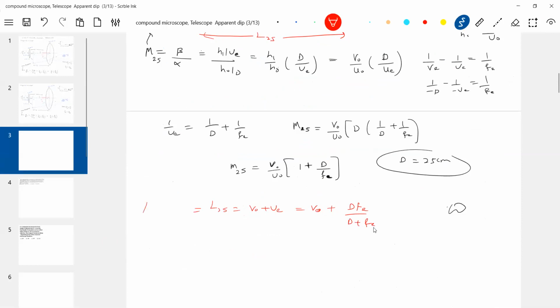This is what we call the microscope tube length. The distance between objective and eyepiece is called the length of the tube and is equal to this much. Don't substitute the negative sign for UE. The distance is what we are calculating, V naught plus UE. If you are getting confused, go for the modulus. He's asking about the length, no, the distance. Fine.